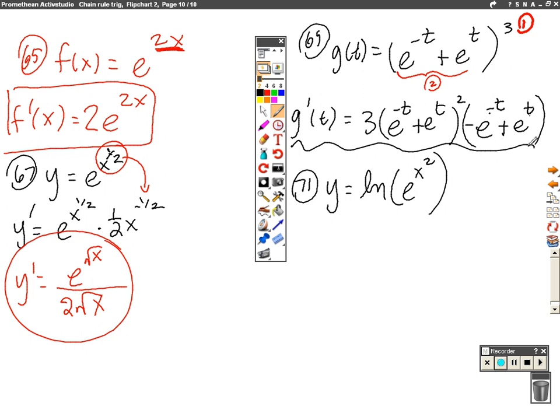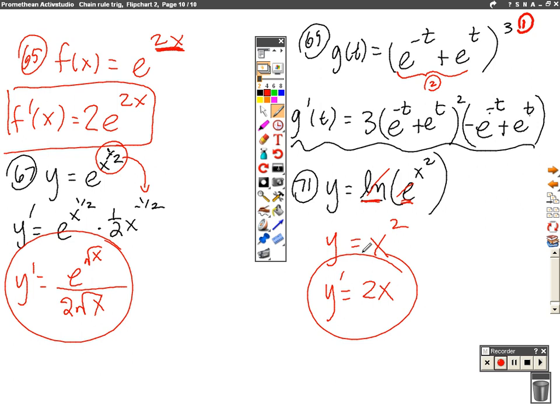Remember that the base of an ln is e, and so these two functions, ln and e, basically undo each other. They don't really cancel. I know you guys like to talk about canceling, but they really undo each other. And this is really a fancy, sneaky way of saying find the derivative of x squared. And of course, you know that the derivative of x squared is just 2x. So that was a sneaky way to ask you to do a really, really simple problem.